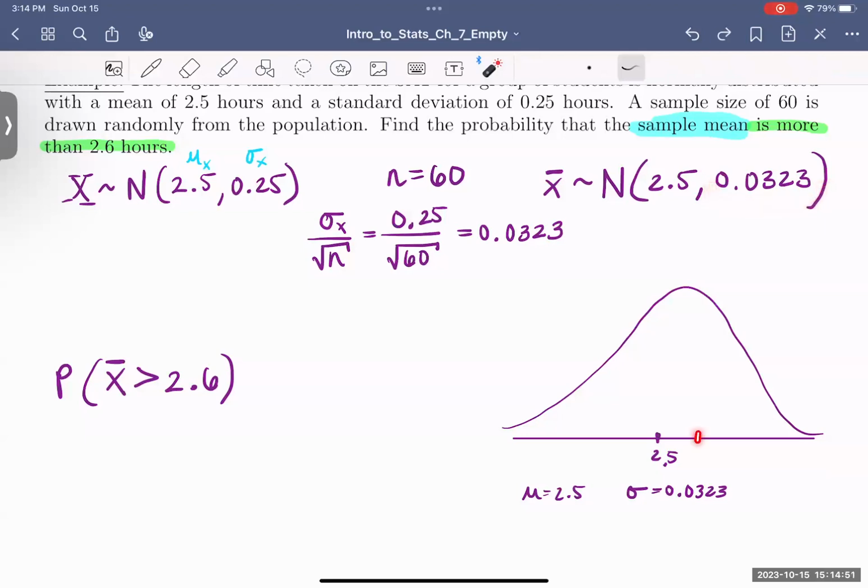We're adding that three times, 0.03, before we even get to 2.6. It's going to be pretty high up there. This might not be the most accurate picture, but I'm imagining that it's just that top tail there. Shading-wise, we should have the value on the left and the shading on the right.